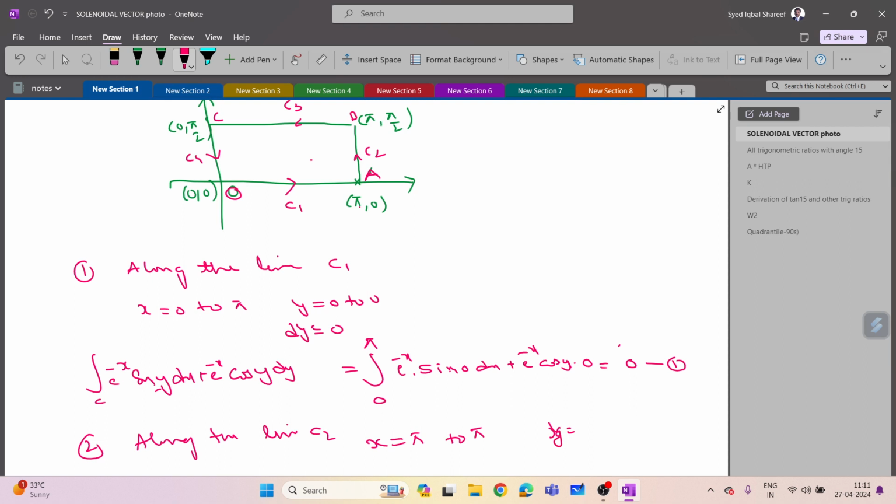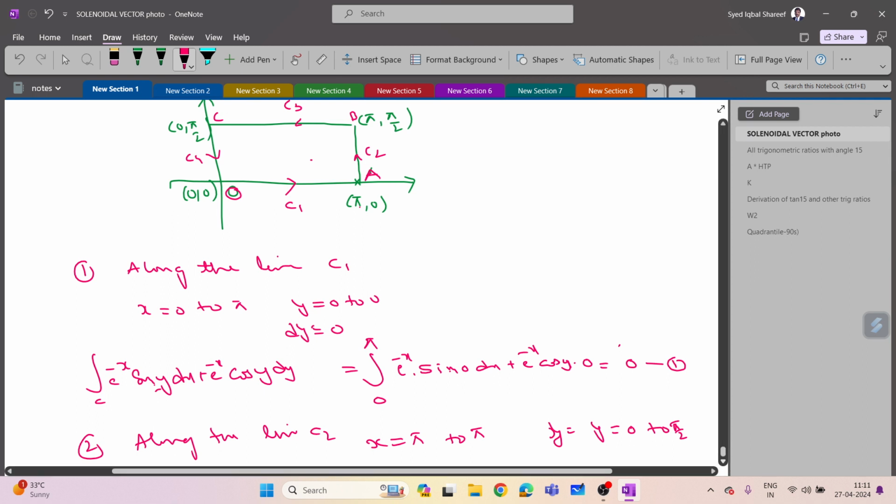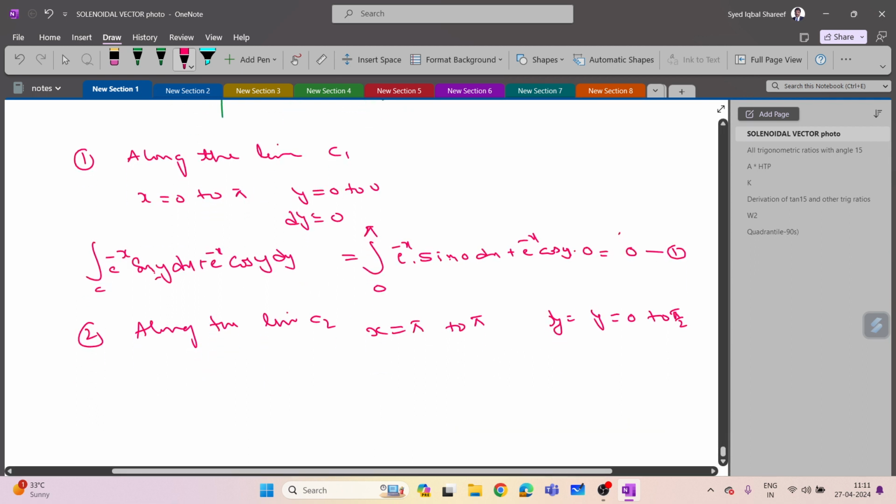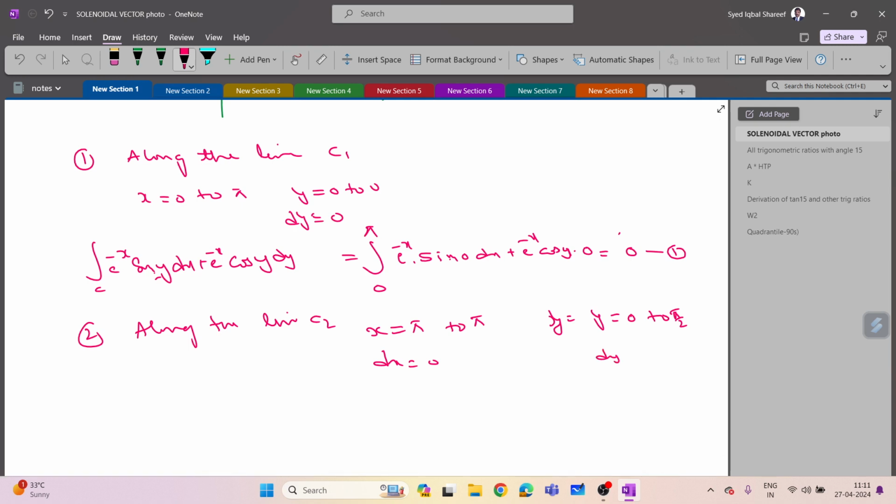And what is our y? Y equal to 0 to pi by 2 along the curve C2. So dx is constant, so derivative of constant is 0. Y is a variable. And so, taken over the curve C2, e to the power of minus x sin y dx plus e to the power of minus x cos y dy.